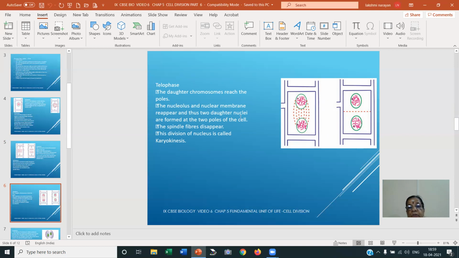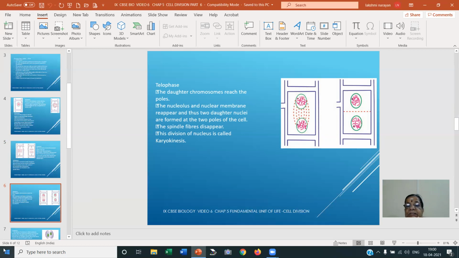Thus, two daughter nuclei are formed at the two poles of the cell. See here, at the end of the anaphase stage, the chromosomes have moved to the opposite poles. The spindle fibers disappear and the nucleolus and nuclear membrane reappear.